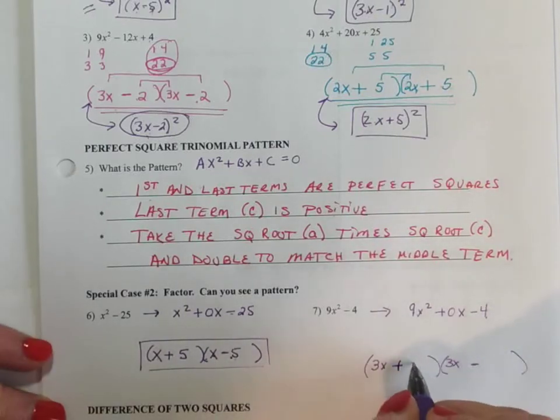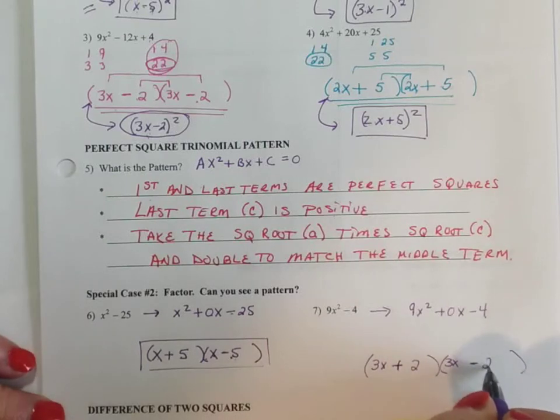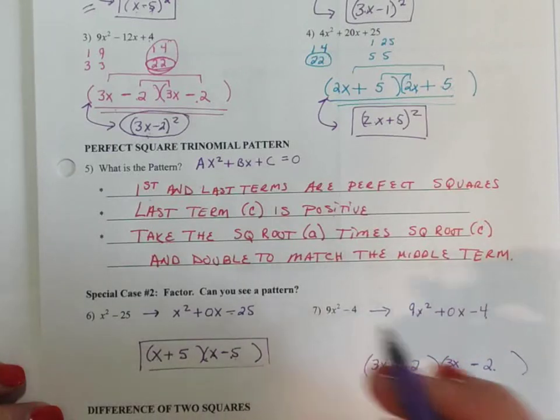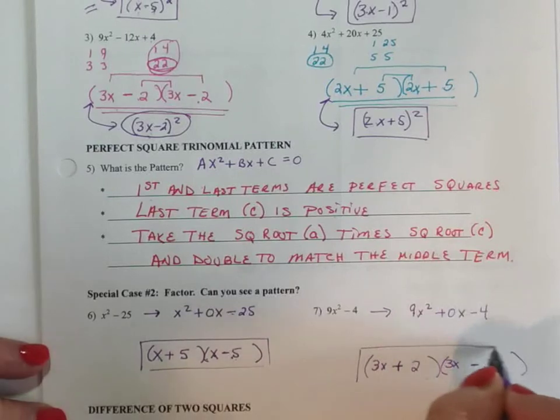All right? And if we put 2 and 2, 2 times negative 2 gives us negative 4. And if we multiply the inner and outer terms, we're going to get negative 6x plus 6x is 0. It cancels out. So this is correct.